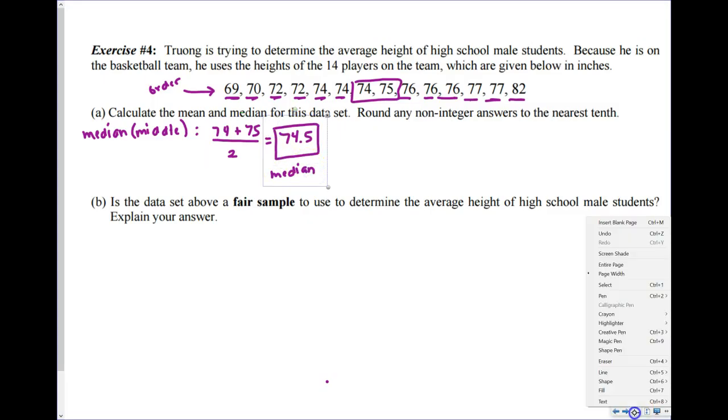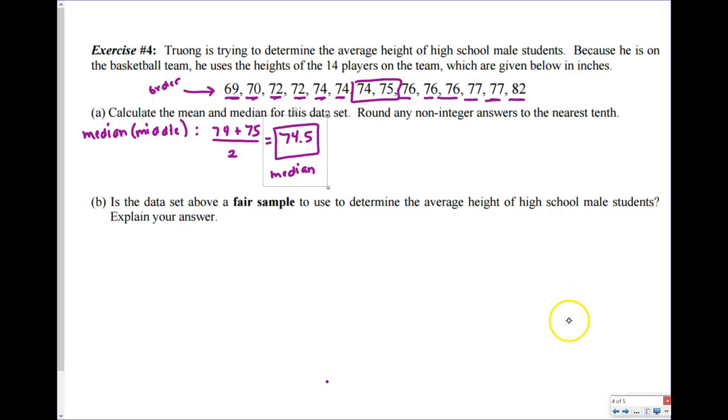Okay, now let's find the mean, which is the average. So the mean is, we're going to add all these up. 69 plus 70 plus 72 plus 72 plus 74 plus 74. We're just adding all of these up. And you don't have to write this out every time. I'm just writing it out to show you what it would be, because it does take a lot of space.